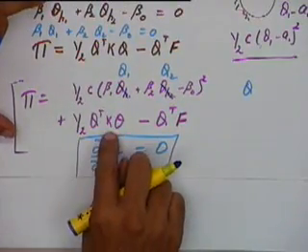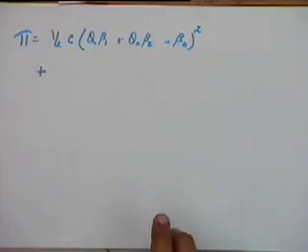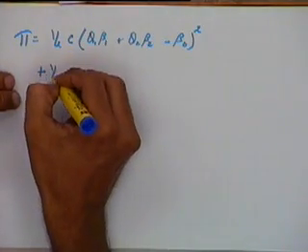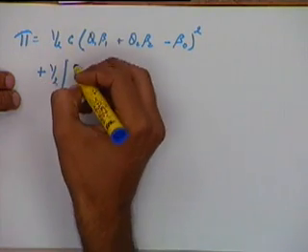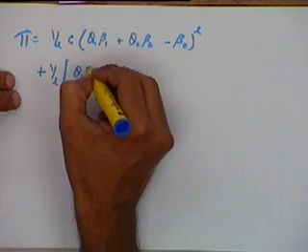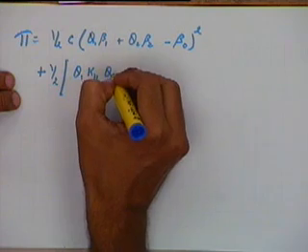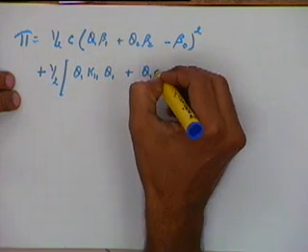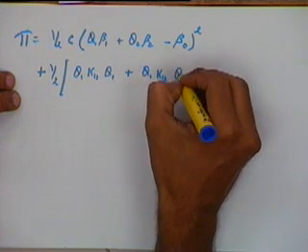we have half of Q transpose KQ. Again we write the complete expression, that is half of, we will get Q1 K11 Q1 plus Q1 K12 Q2.